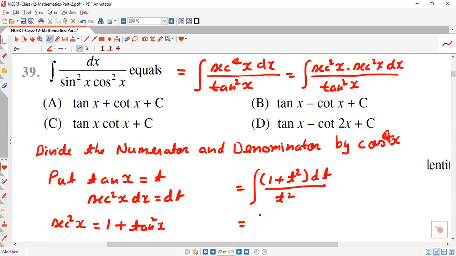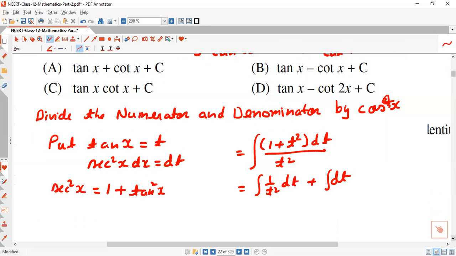Simplify this and you get integration of 1 upon t square dt plus integration of dt. Taking integration, 1 upon t square gives minus 1 upon t, plus t, plus some constant c.